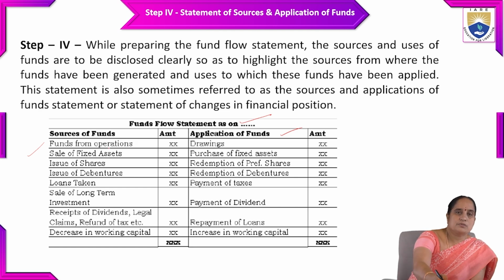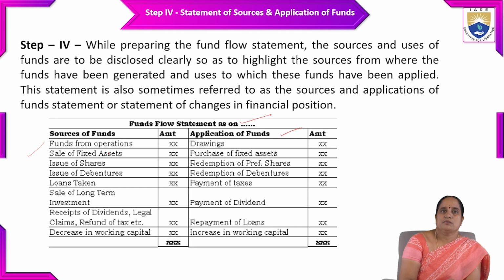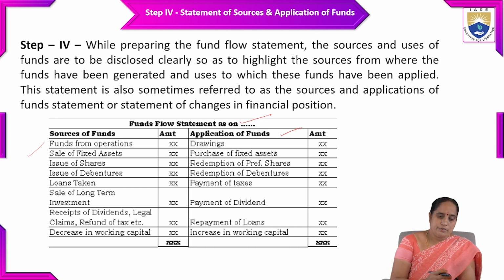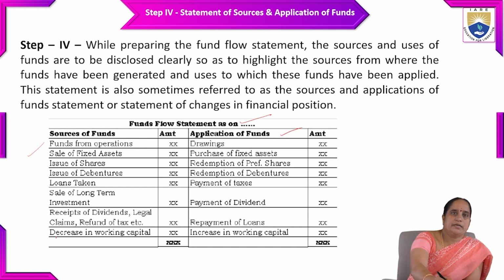So coming to the sources of funds: funds from operations, sale of fixed assets, issue of shares, issue of debentures, loans taken, sale of long-term investment, receipts of dividends, legal claims, refund of tax, etc. These all come under the sources of funds. If you see the first statement where we discussed the changes in terms of working capital, increase or decrease in working capital, in the first statement, if you find a decrease in working capital, that should be added to the sources of funds.